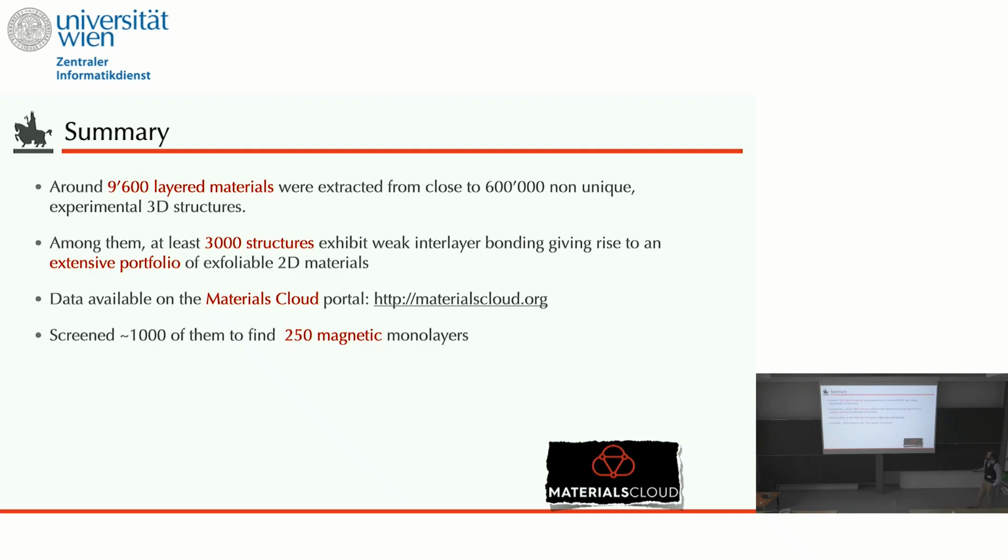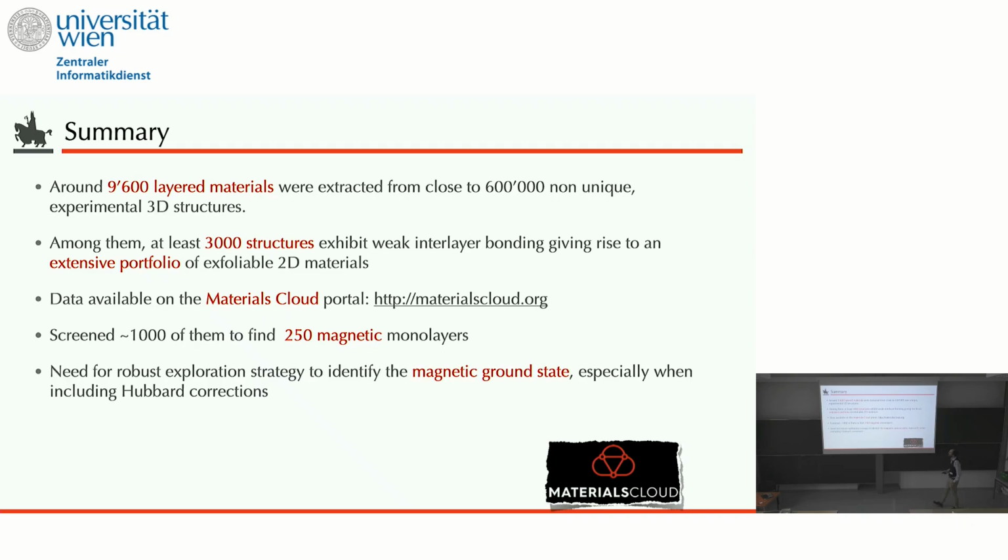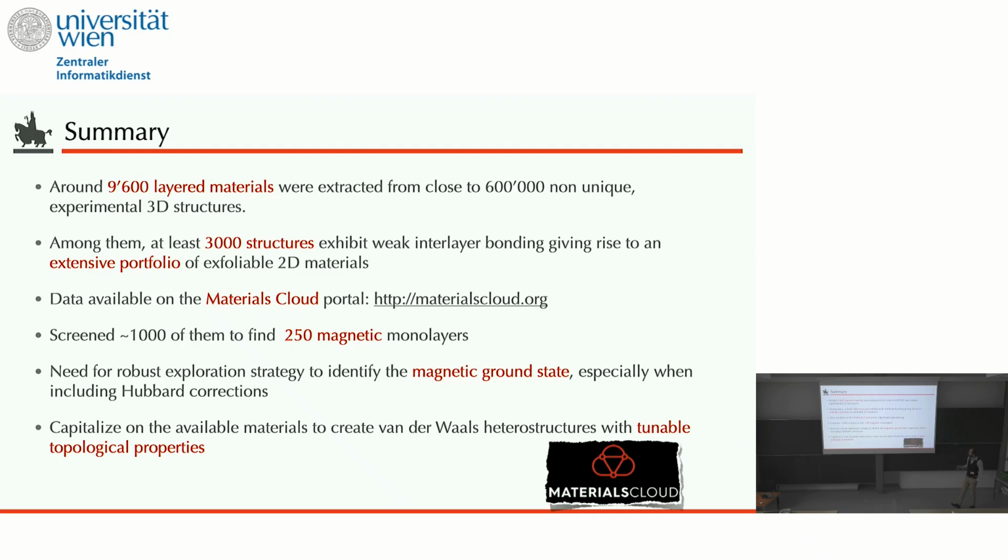And among these materials, we looked in particular for magnetic monolayers, and we used a robust exploration strategy to find the magnetic ground state of 200 of them. And now these materials can be used in different ways. I mean, we can find different applications, but in particular, we were very interested in creating this van der Waals heterostructure with tunable topological properties.